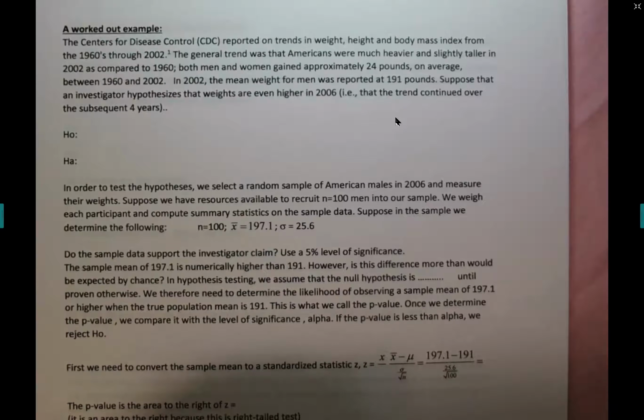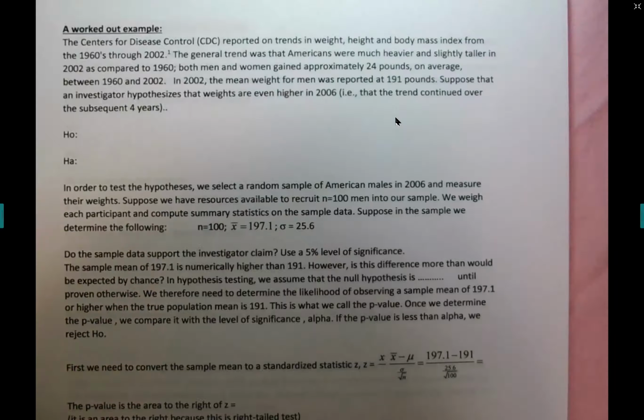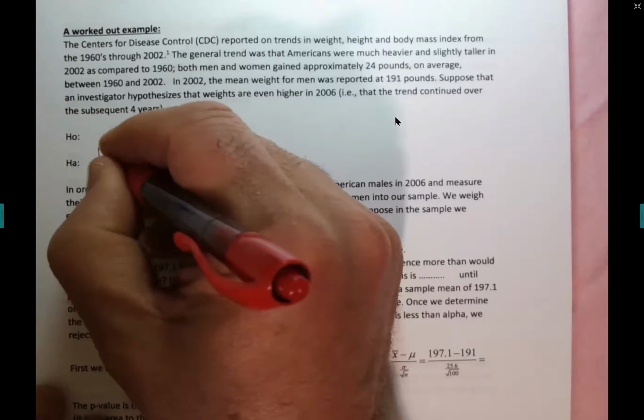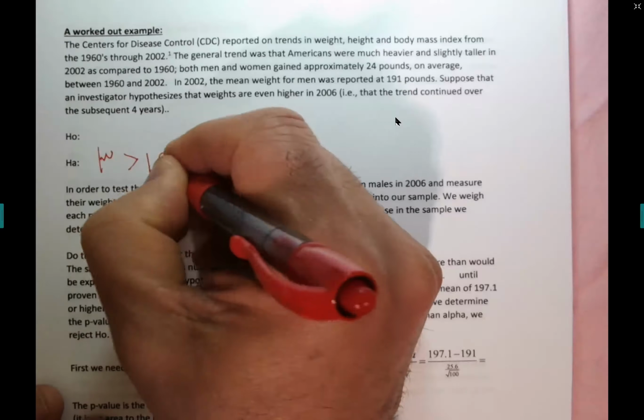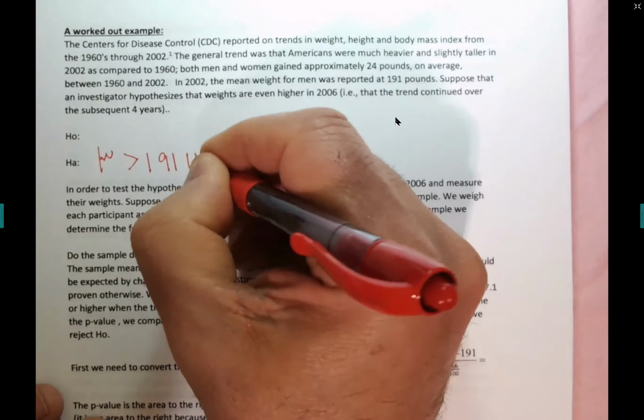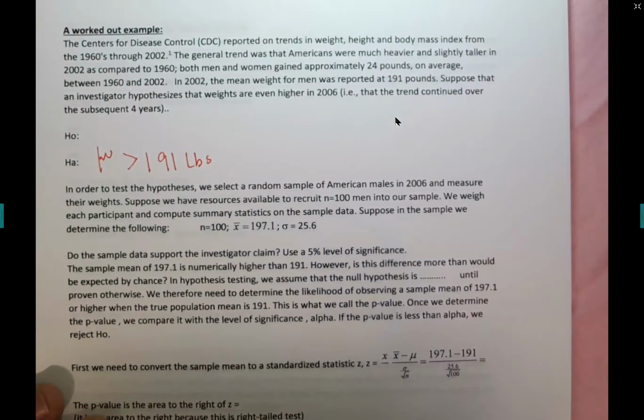We know in 2002, the mean weight for men was 191 pounds. And now an investigator is making a claim that they are higher in 2006. So would you guys agree with me that the claim here is mean is greater than 191 pounds? Do you agree with this statement?